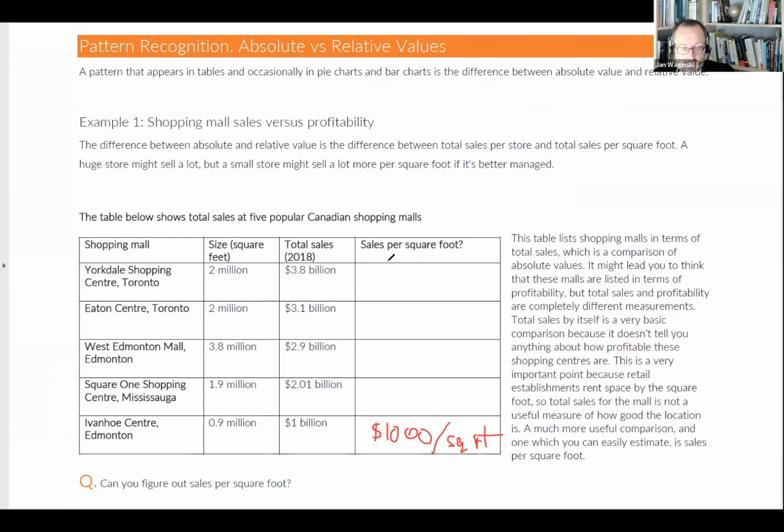Okay, what about Yorkdale? $1.9. Let's round it. Let's say it's 4 billion, because on the exam, you're not going to have a calculator, so we might as well round now. 2,000 per square foot, good.